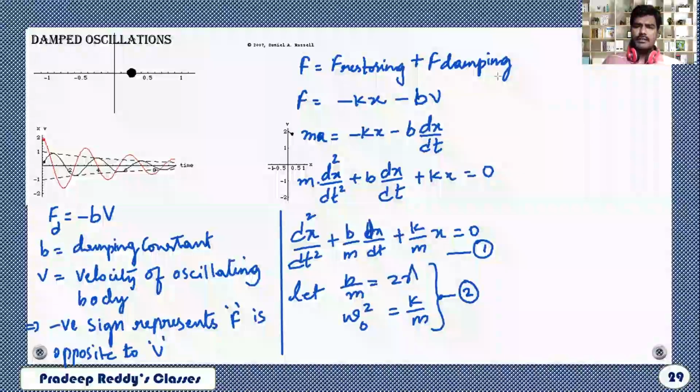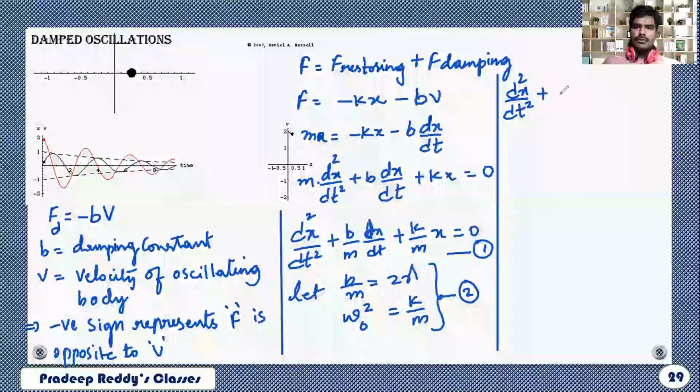Instead of always writing b/m, I will write 2γ, and instead of writing k/m, I will write ω₀². So you can write this expression as d²x/dt² plus 2γ dx/dt plus ω₀² x is equal to 0.